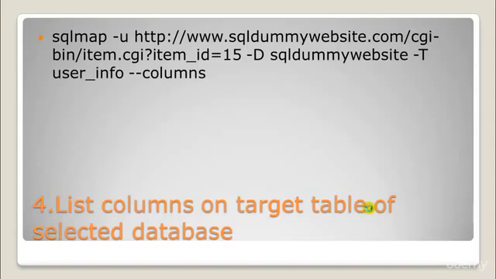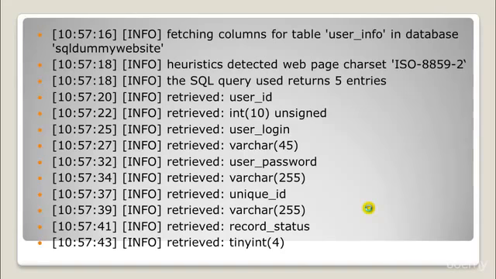When this specific query is run, it will give us these columns: user ID, int unsigned, user login, varchar, user password, varchar, user ID. So this is exactly what we're looking for: the target table, user login, and user password.